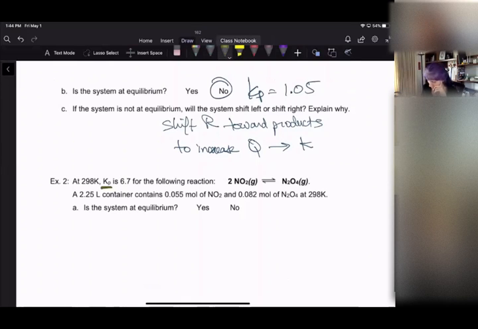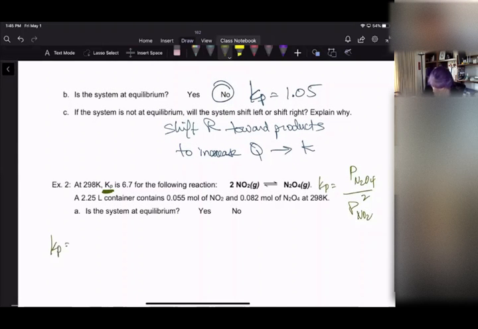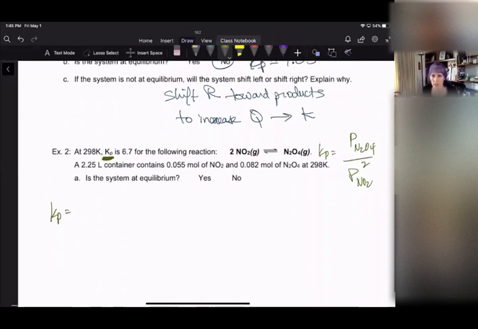So we're given a Kp. We're given moles and liters. Have you calculated your Kps yet? You have to get a pressure from those.